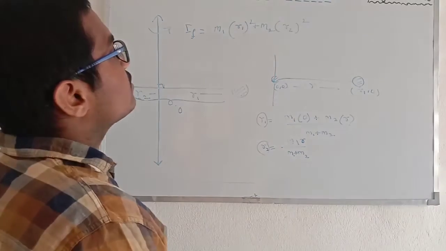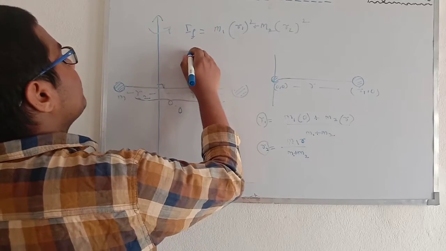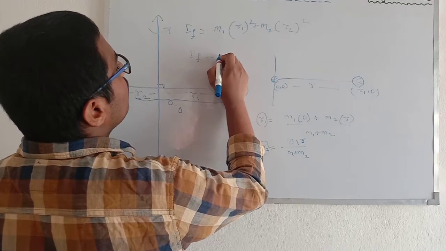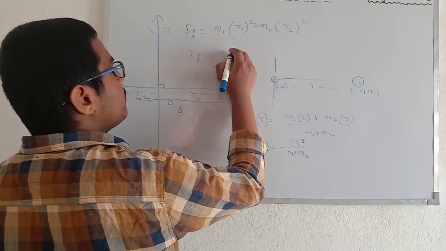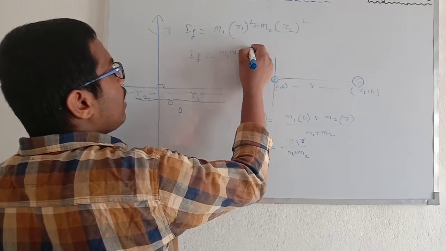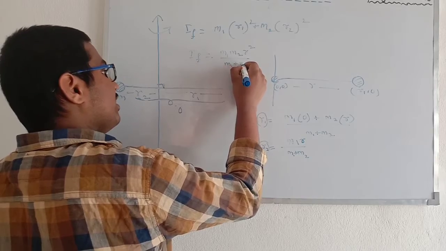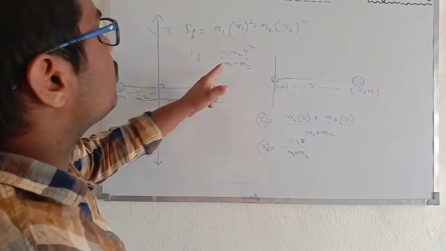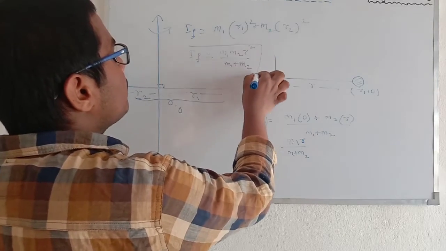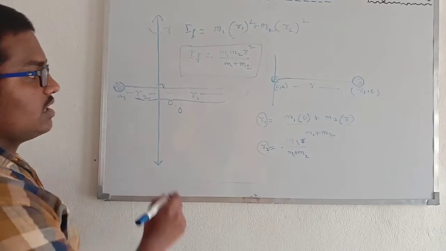So after the calculations, you will get I final is equal to M1 M2 R square by M1 plus M2. This is the most important formula to calculate these types of questions.